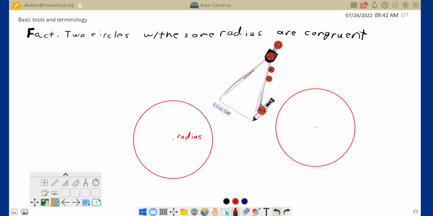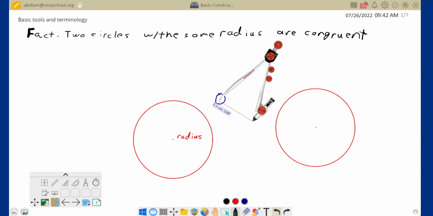First, we have the actual compass itself. The compass really has three parts to it. It has where the center is located, and the center is always going to be the point of the compass. So if we're placing the center, we're placing the point.